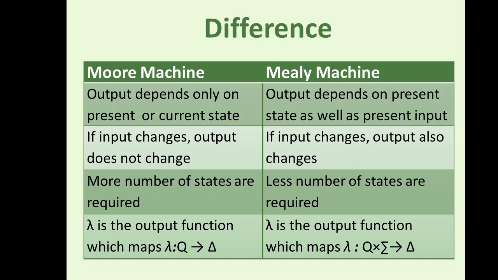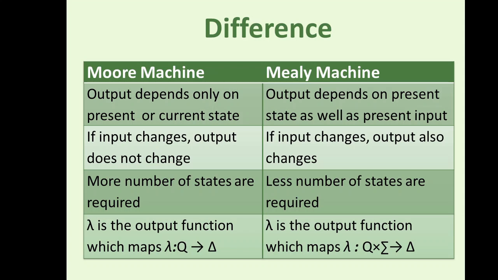In Mealy machine, if input changes, output also changes because output is associated with a transition. In Moore machine, more number of states are required to construct it, whereas less number of states are required to construct Mealy machine. Lambda is output function of Moore machine which maps from Q to del. That is, for every state we have an output symbol which is from output alphabet del.